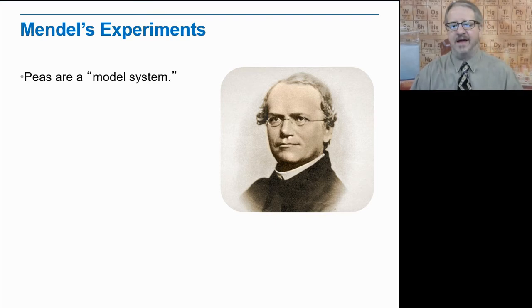So, why do you think inheritance studies that use peas are preferable to maybe using a species like pigs or horses? Well, the plants that Mendel started out with were what we call true breeding strains.